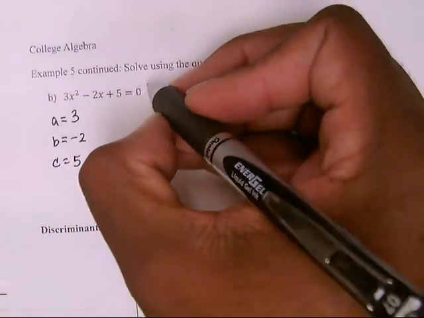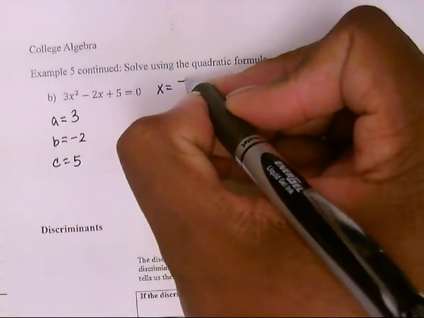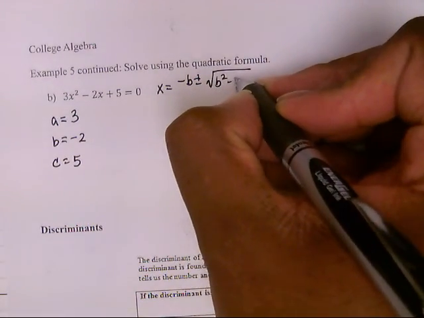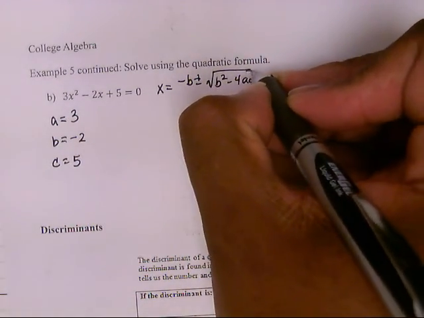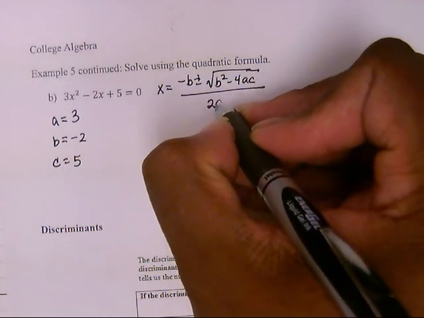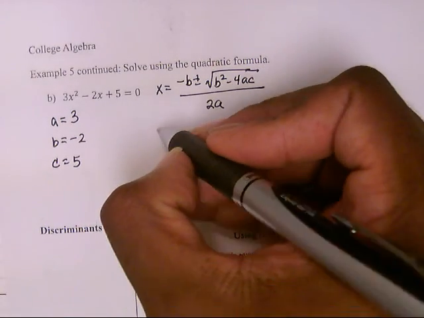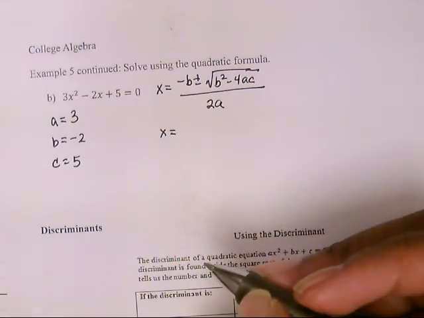And then we use our quadratic formula, x equals -b plus or minus the square root of b squared minus 4ac, all over 2 times a. And then we substitute the a, b, and c in that quadratic formula.